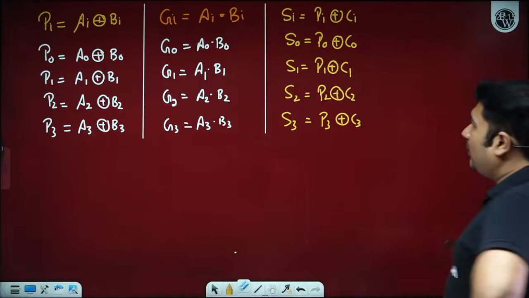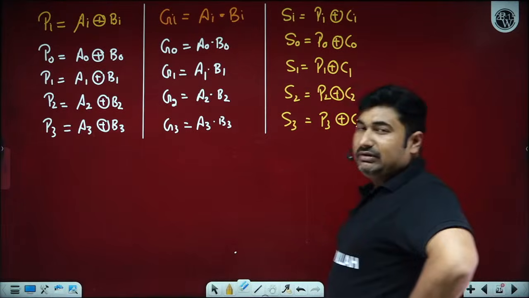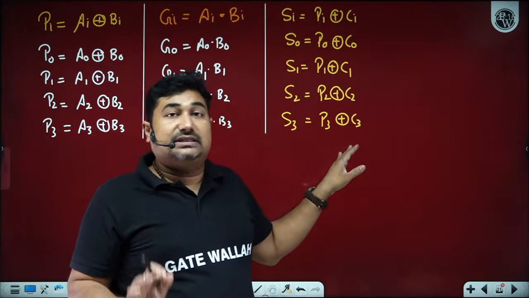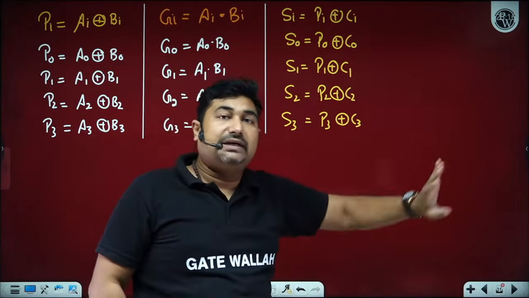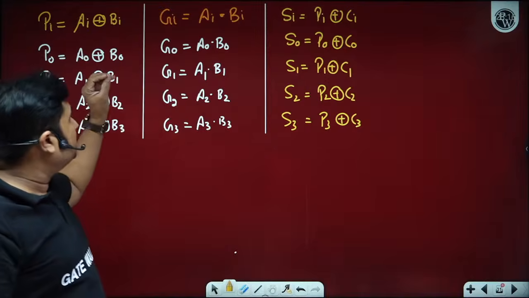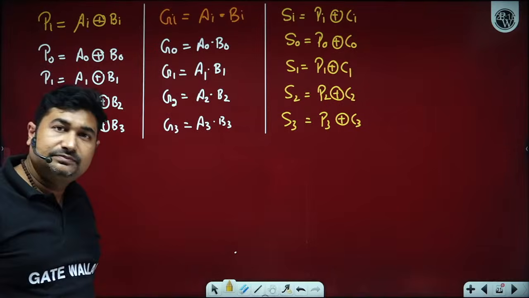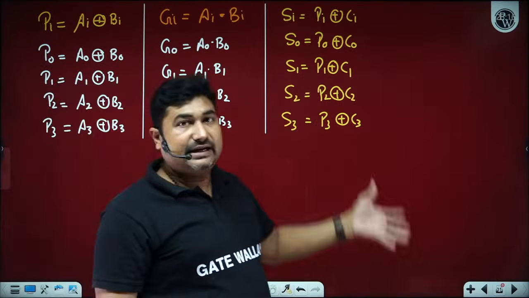When I observe this, I understand that if the carry bits are available with us, then we can get the sum bit directly from Gi and Pi.